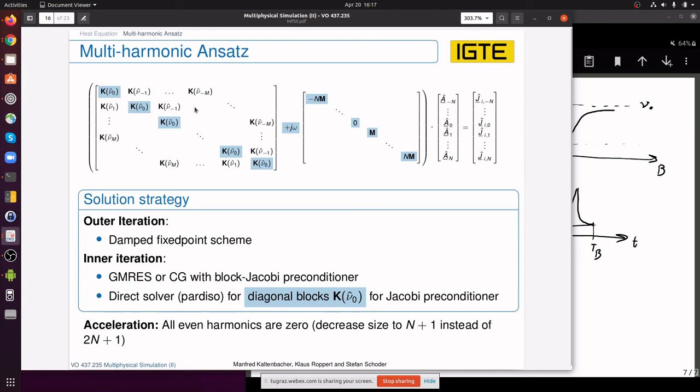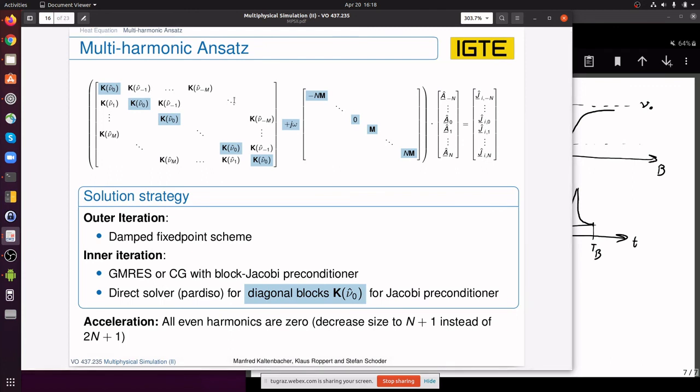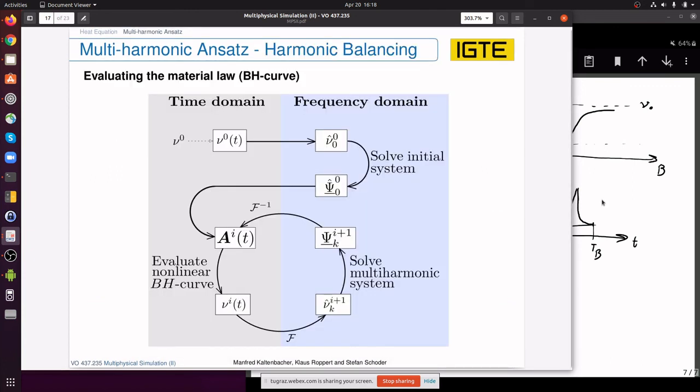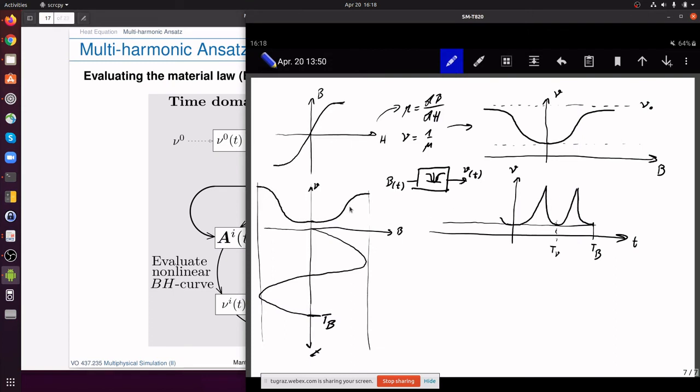If these off-diagonals were not there, this would be a linear problem, a simple harmonic solution for frequencies of minus n omega to plus n. Because we are introducing these off-diagonals, we get the dependence of different A harmonics. And the dependence of A and nu is introduced via the material law, the evaluation of the BH curve.